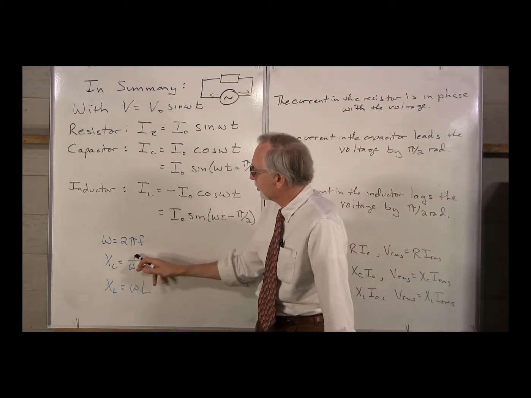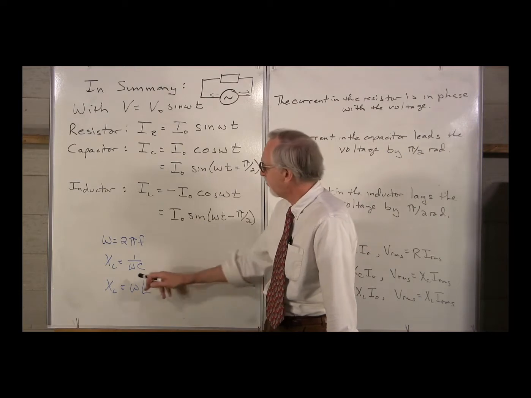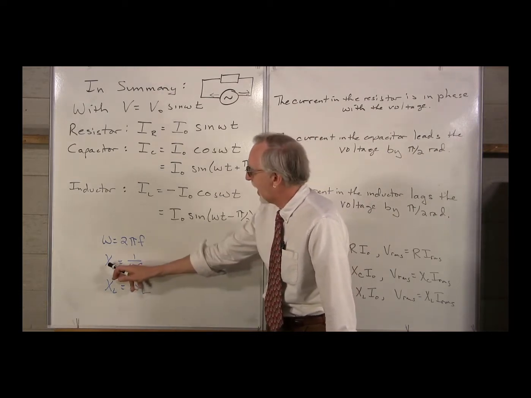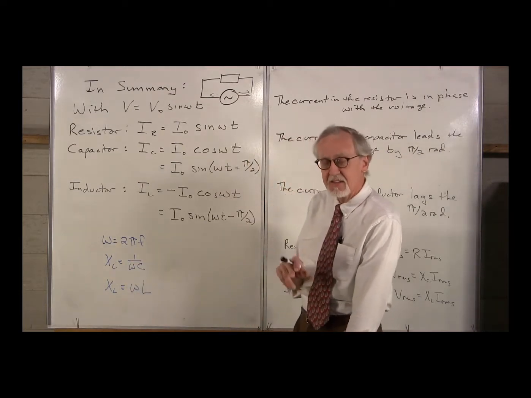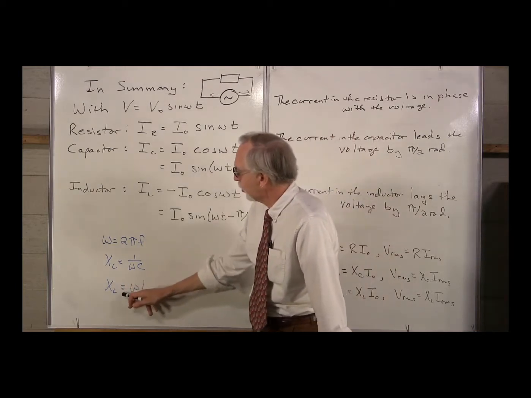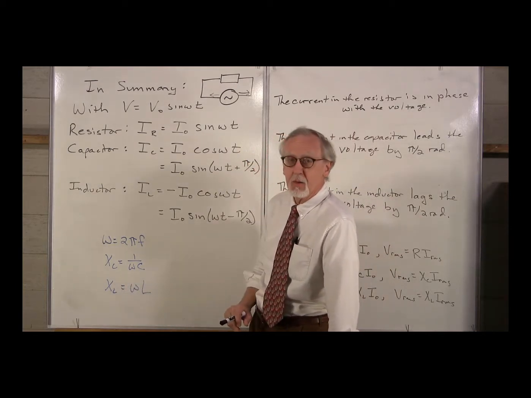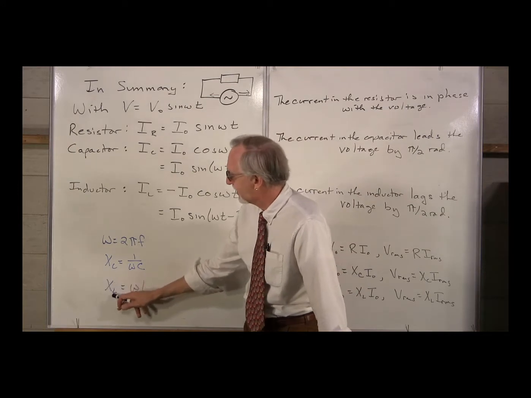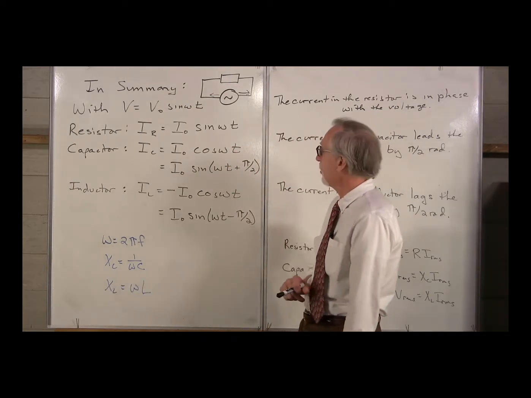Xc was then equal to 1 over omega C, where C is the capacitance and Xc is the capacitive reactance. XL was equal to omega L, where L was the inductance and XL was the inductive reactance.